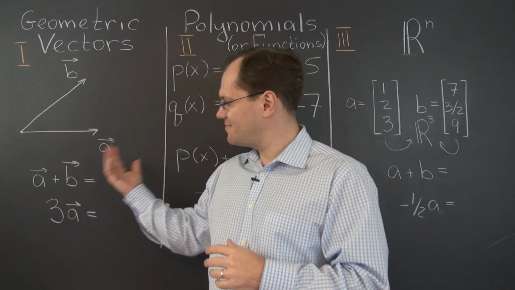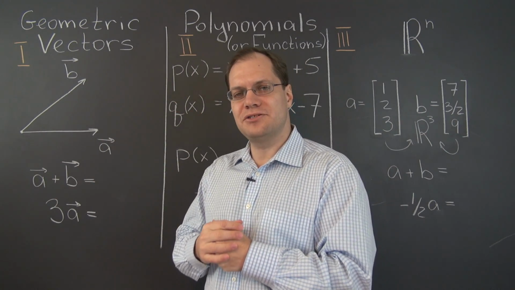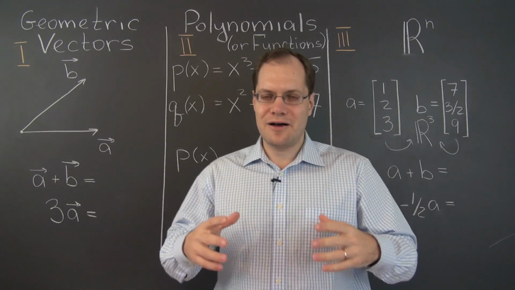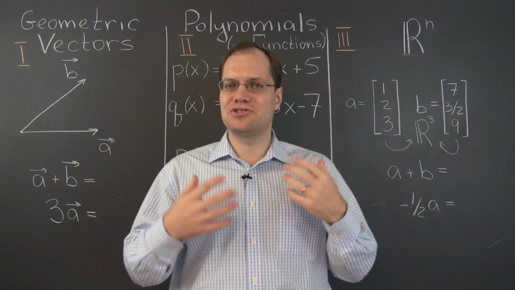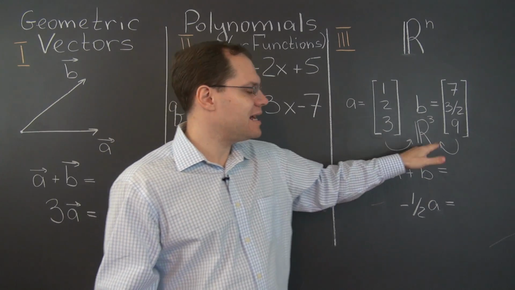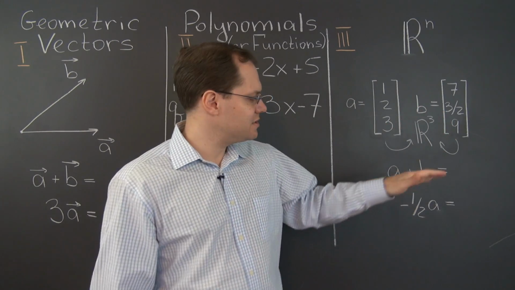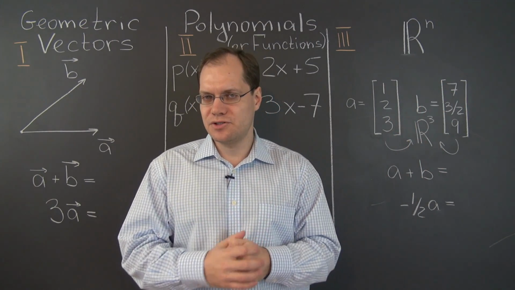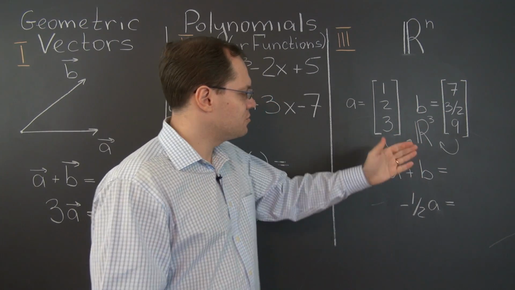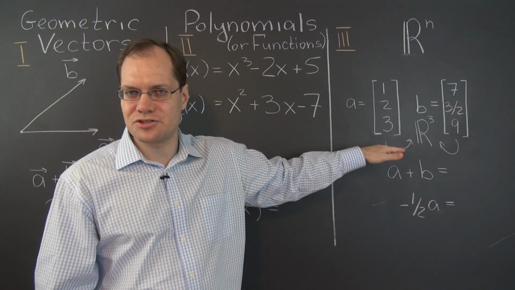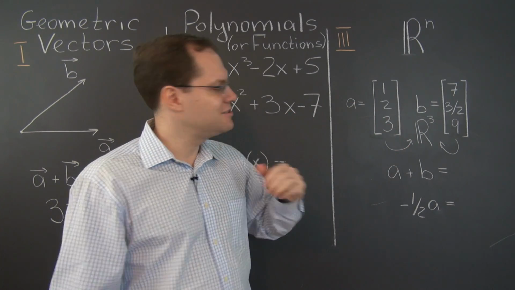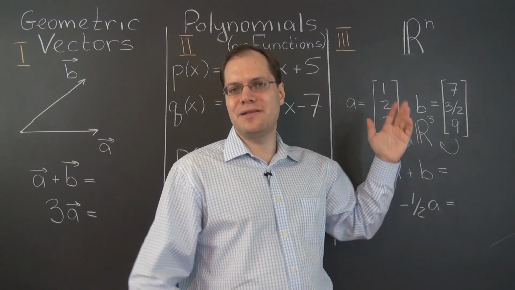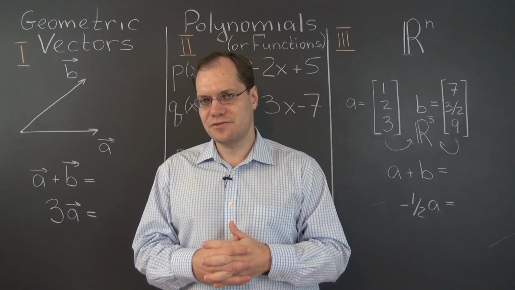You can argue that all of these are figments of our imagination, but in this case I would say it's the least natural kind of object, but that is only until you get used to it. Once you get used to triplets of numbers or sets of n numbers, you can call them n-tuples, you begin to think of it as the most natural thing in the world until you give it a second thought. So I'll go back and forth, but I do submit that this is a very simple kind of vector.